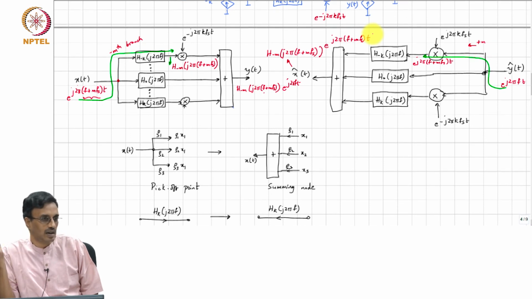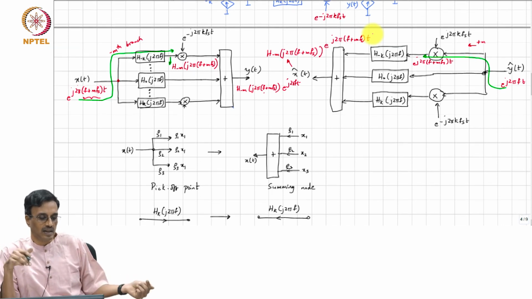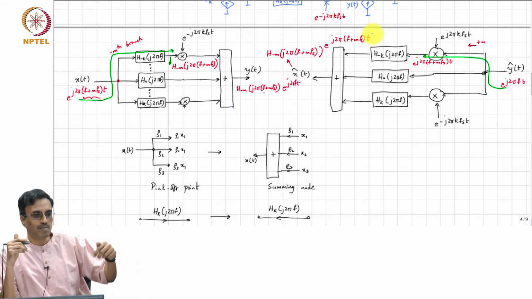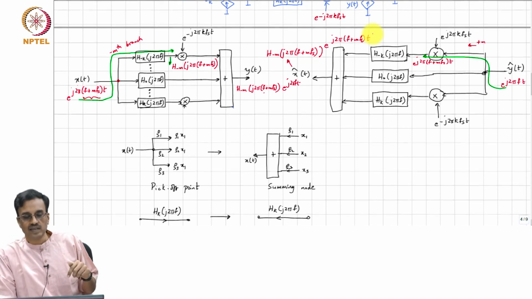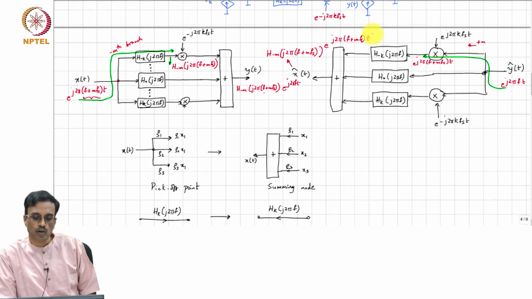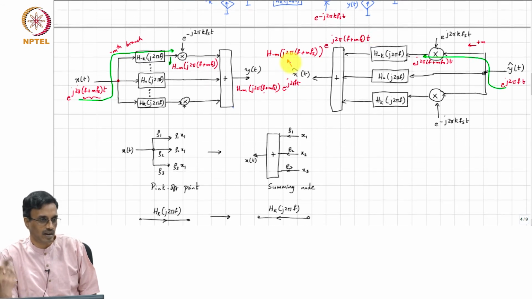This is something that we knew already. In the adjoint, the transfer function from f to f plus m f s is the same as the transfer function h minus m from f plus m f s to f in the original network, correct.